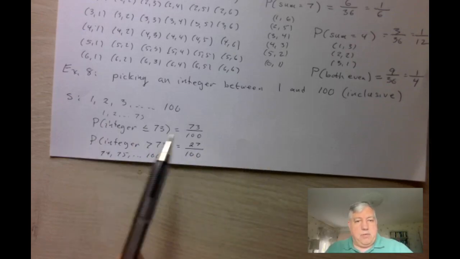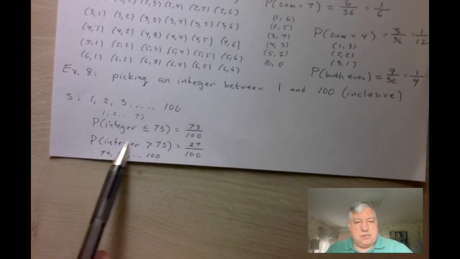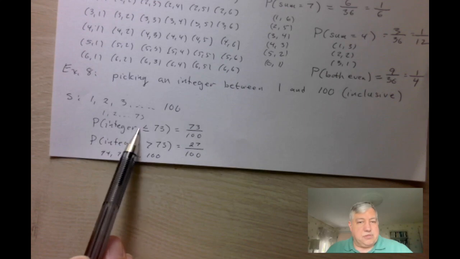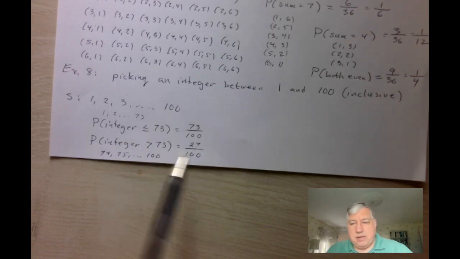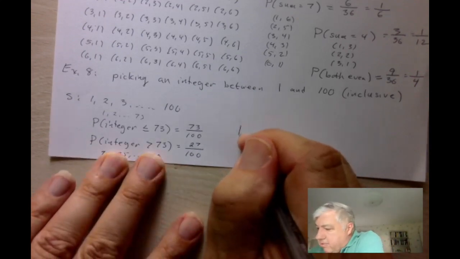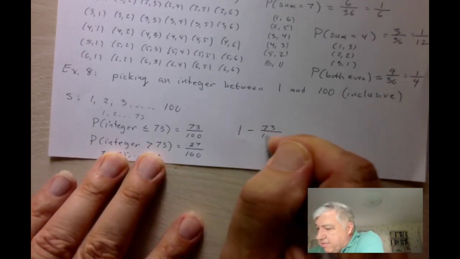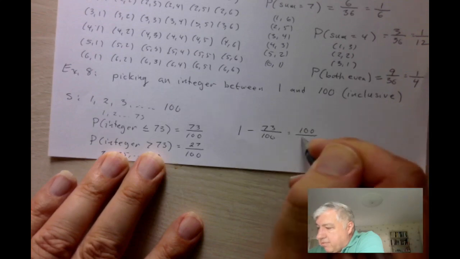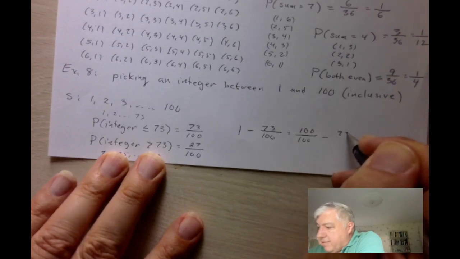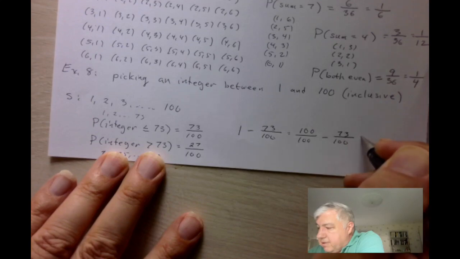Or you could recognize that the integer is either going to be less than or equal to 73 or greater than 73. So you could just calculate 1 minus 73 over 100, which is the same as 100 over 100 minus 73 over 100, which would be 27 over 100.